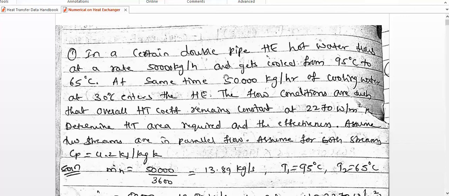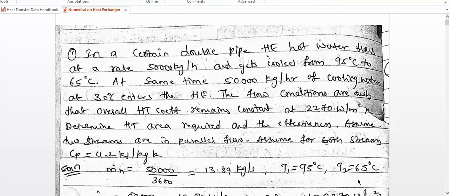Along with that, the temperatures at the inlet and outlet of the hot fluid are given. The hot water gets cooled from 95 degrees Celsius to 65 degrees Celsius. So 95 degrees Celsius is the inlet temperature of the hot fluid, that is T1, and T2 is the exit temperature of the hot fluid, capital T2.